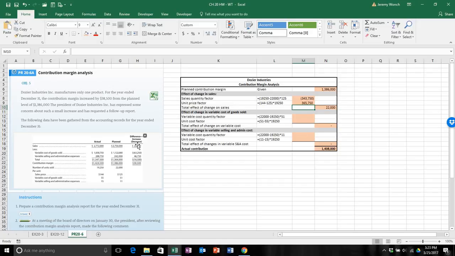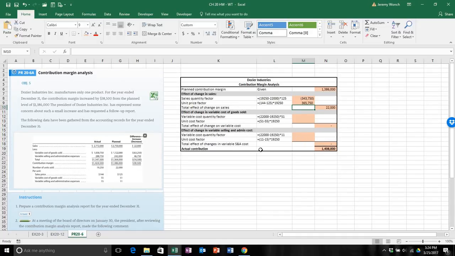So that matches over here. That means our sales revenue went down $343 because they sold fewer units. But our revenue went up by $365,000 because they sold at a higher price. Net these two together, $22,000 difference.